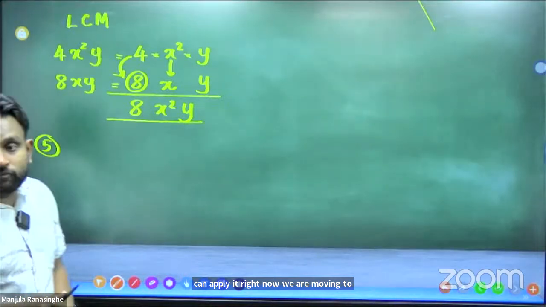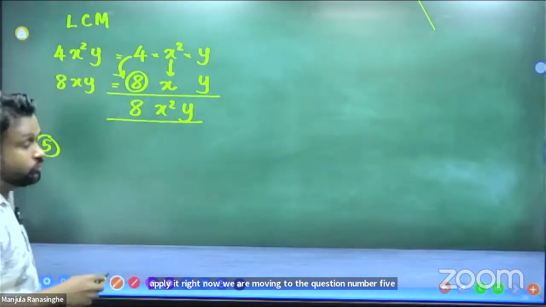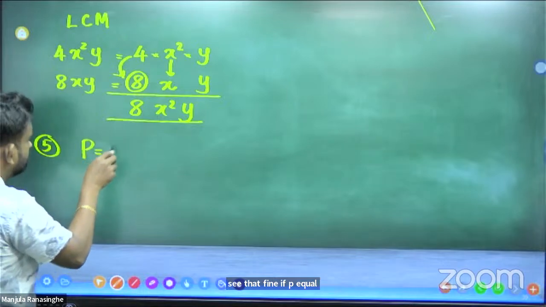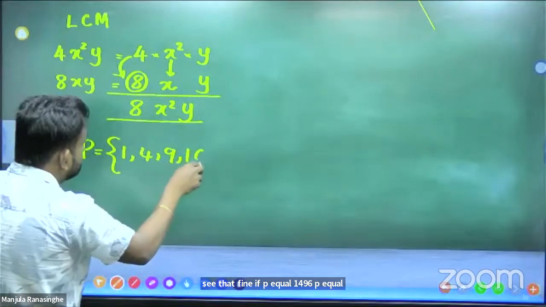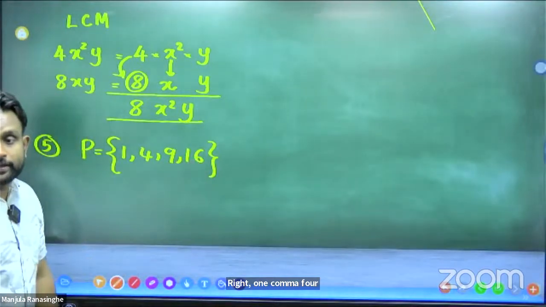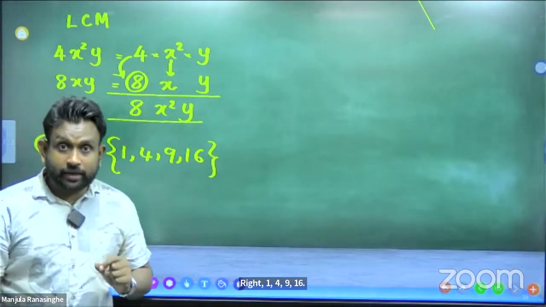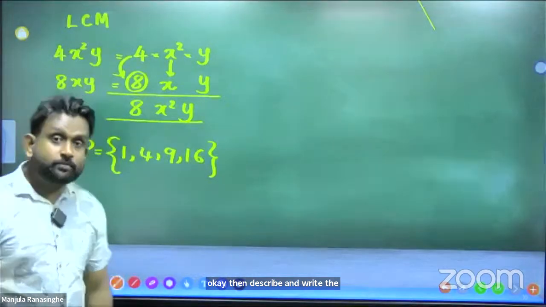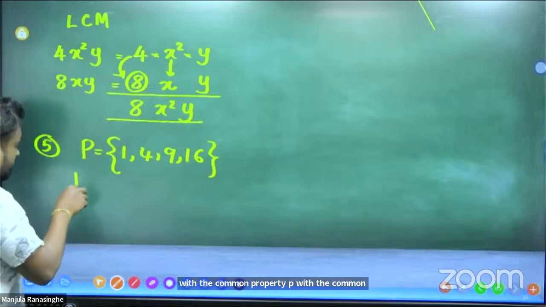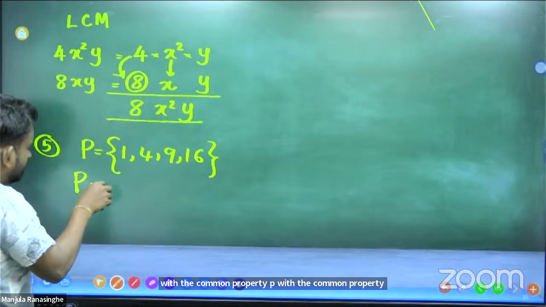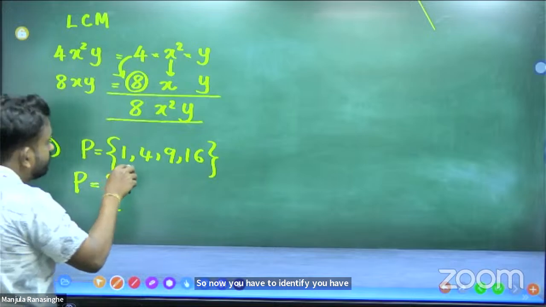See that. Find P, where P equals 1, 4, 9, 16. Then describe and write the set P with the common property. So now you have to write P equals and identify what these numbers are.